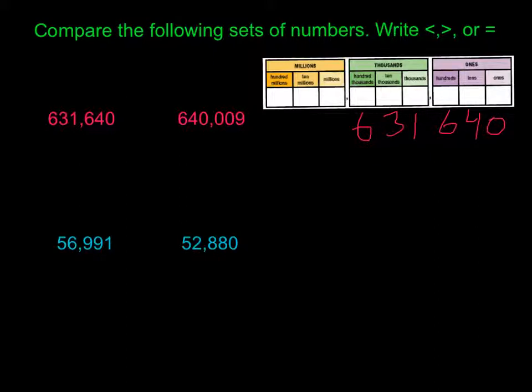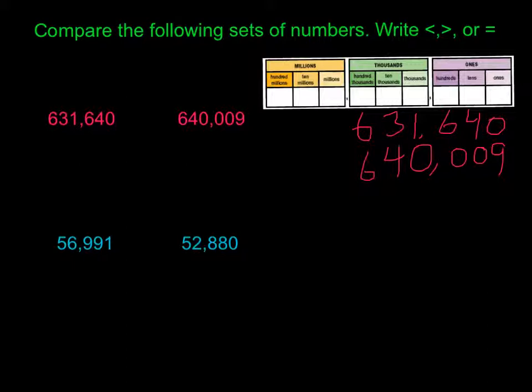And then right underneath that, in the same columns, I'm going to write my second number, which is 640,000. I forgot my comma in there. Comma, 0 hundreds, 0 tens, and 9. Okay, so now they're sitting on top of each other. It's a little bit easier to compare our numbers.